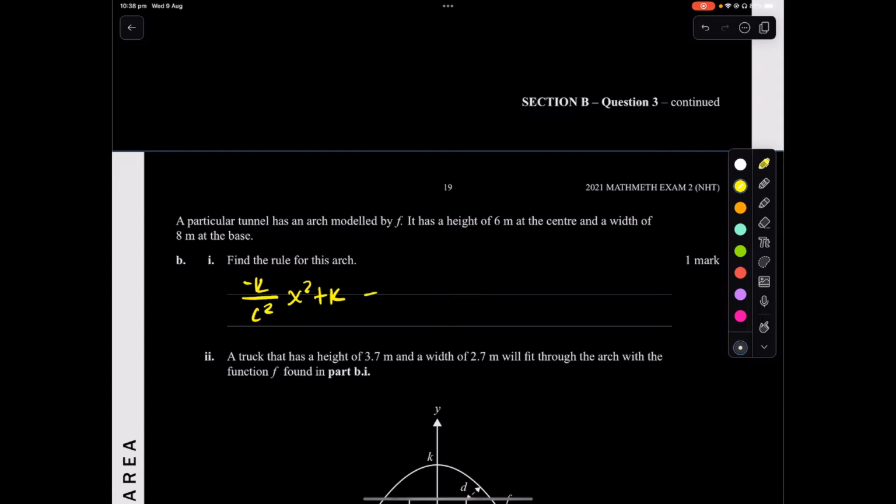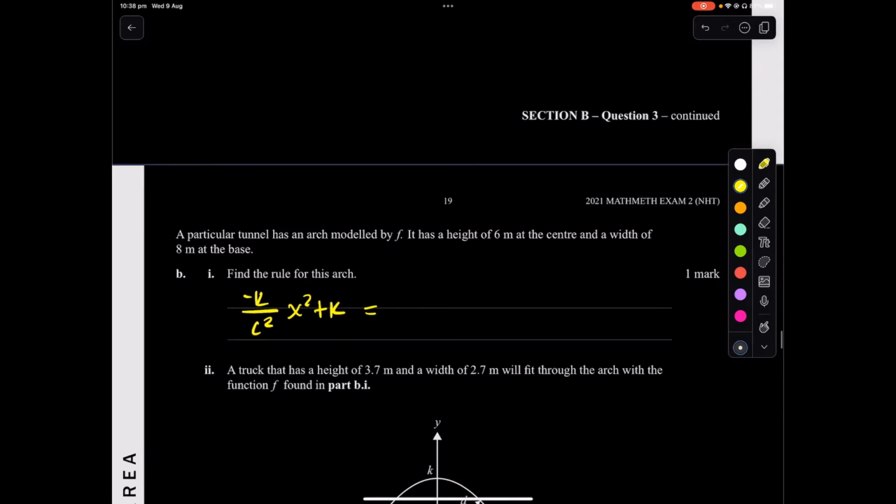So knowing that, and so your height is 6, so negative 6 over 4 squared, 16, x squared plus 6. So your new rule, let's say f of x is equal to, that'll be half, so negative 3 over 8 x squared plus 6, is that right?